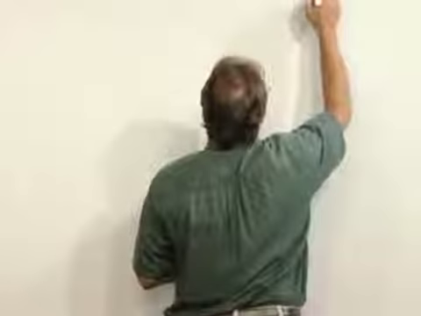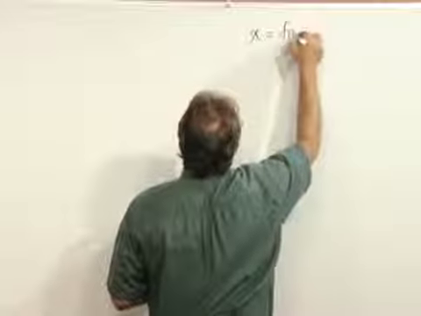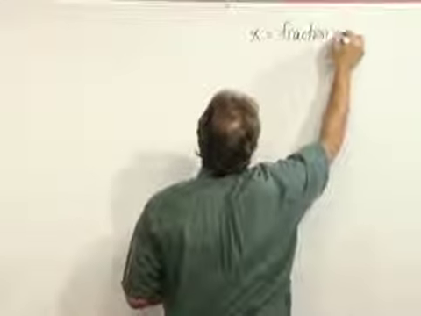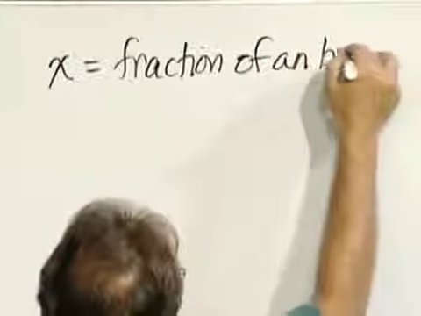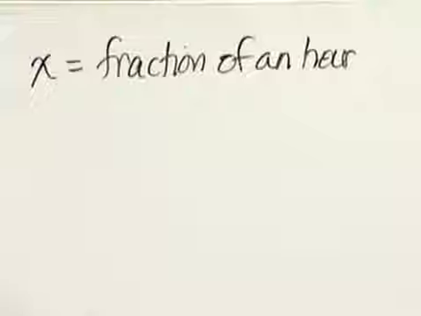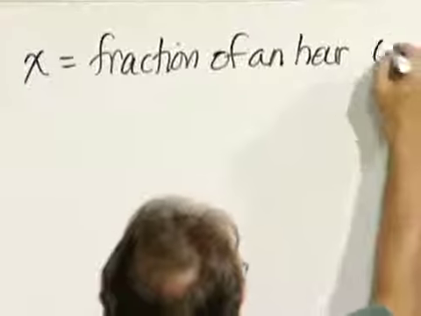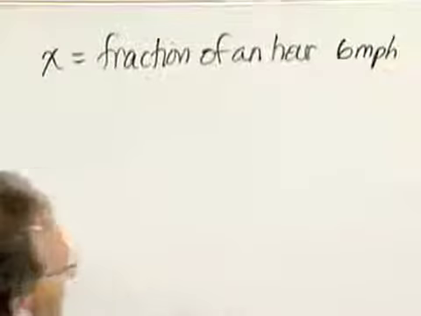So we start the problem by letting x equal the fraction of an hour that the runner jogged at 6 miles per hour.